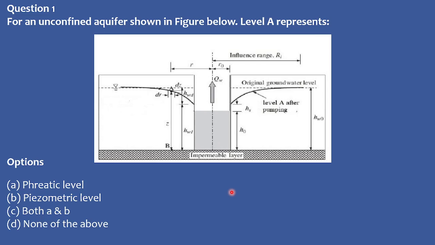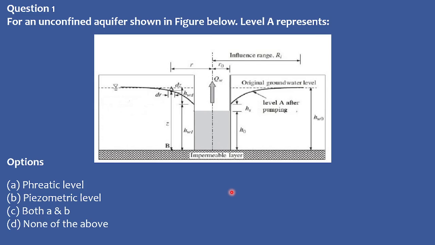So the first question: this is a picture of a typical cross section of a groundwater. This is an unconfined aquifer. Basically, your water table is not restricted by any impermeable layer, or your well is not restricted by any impermeable layer.